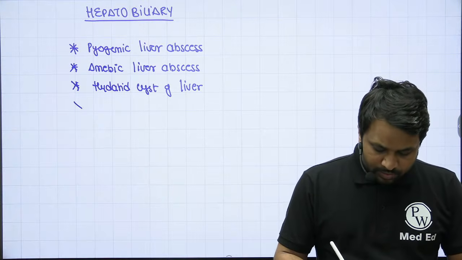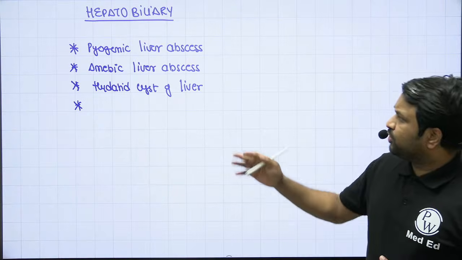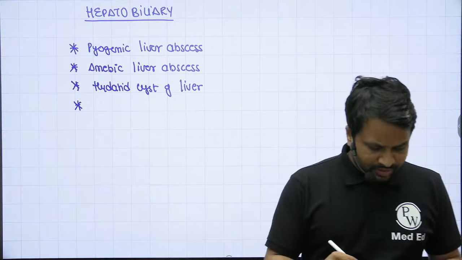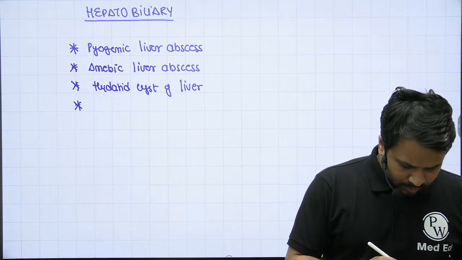Then there was a question to differentiate between pyogenic and amoebic liver abscess. So that is a combination they've asked previously also, right? All these are short questions which are going to be there.